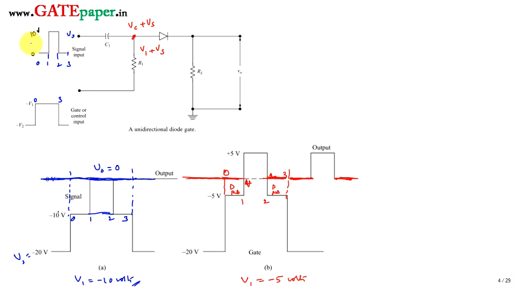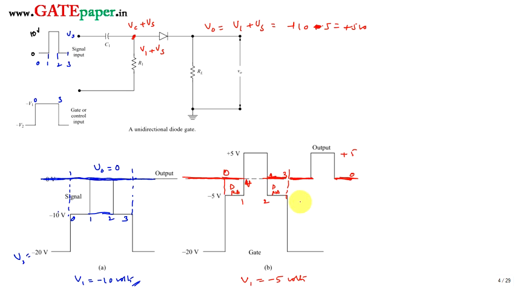V1 is minus 5 volts and Vs is 10 volts, so V0 equals V1 plus Vs, which is minus 5 plus 10, equal to plus 5 volts. You will get only plus 5 volts magnitude. That is a lack of signal, or a suppressed, attenuated signal. So this is also not the right case.